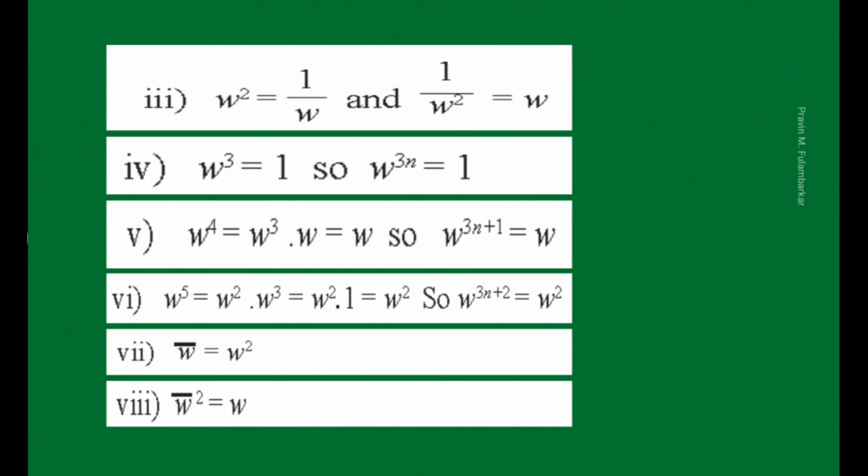This is the eighth property. So you have to follow these properties while solving the problems. So first you clear your concept with the help of this, and with the help of the properties we will solve problems in the next video.